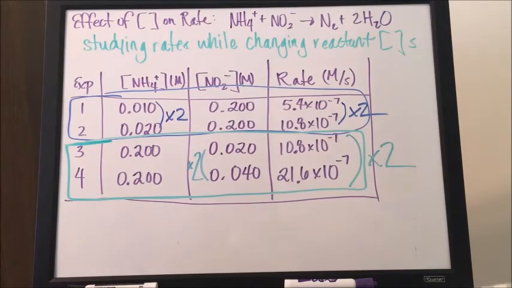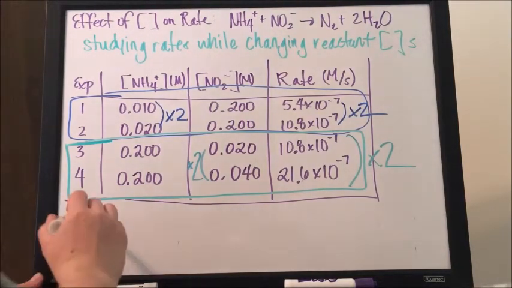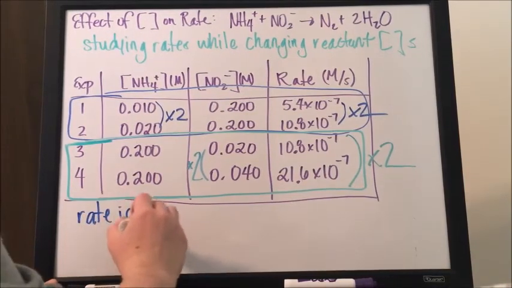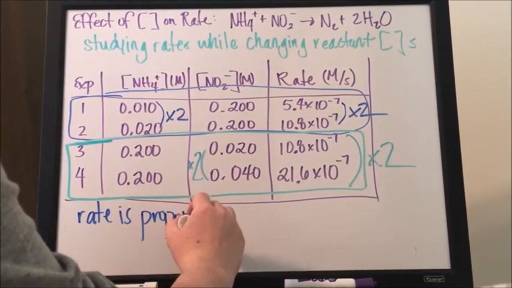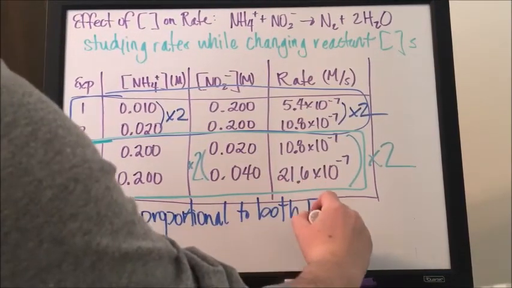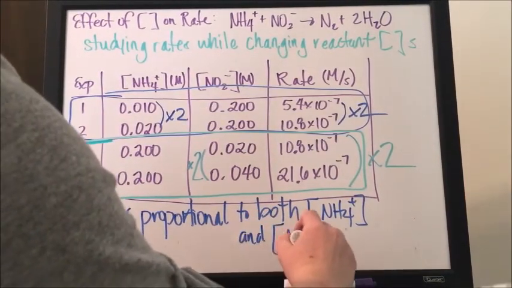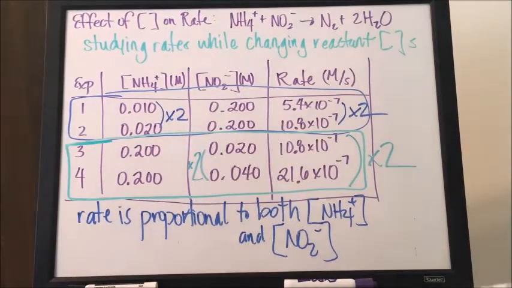And we're going to do that in much more detail later, and I'm also going to teach you how to approach this from a mathematical perspective, how to analyze how changing concentrations affect rates. That was just a very general overview. So if you wanted to summarize that, you could say that rate is proportional to both the concentration of NH4 plus and the concentration of NO2 minus.